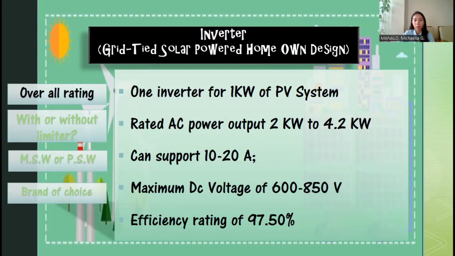So ang rate ng AC output niya is around 2 kilowatts to 4.2 kilowatts. That can support around 10 to 20 amperes. Tapos meron siyang direct current na voltage na umaabot sa 600 to 850 volts. At efficiency rating niya is 97.5%.